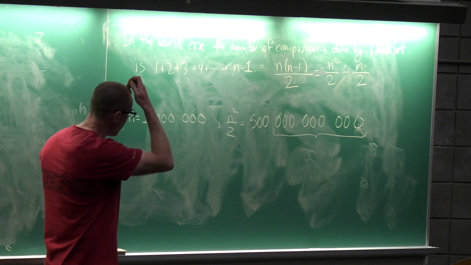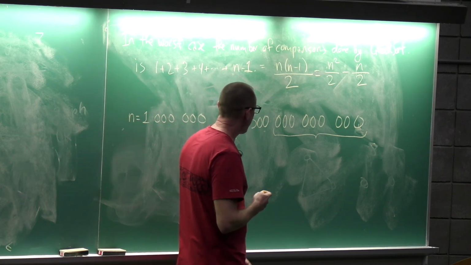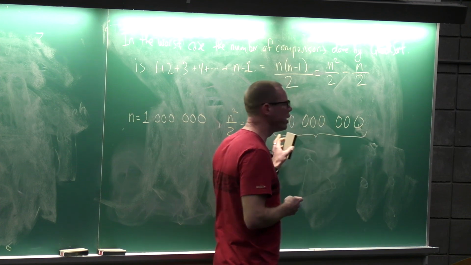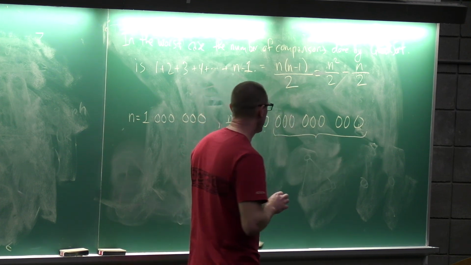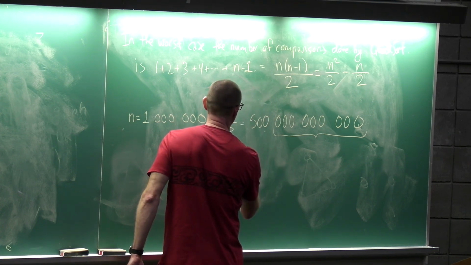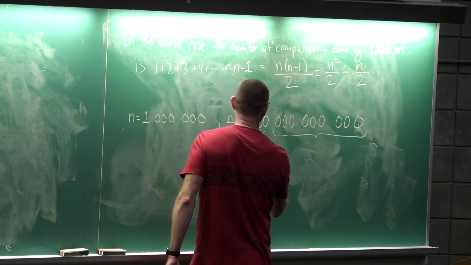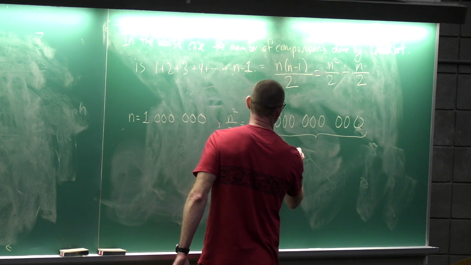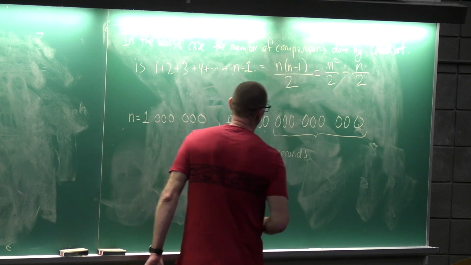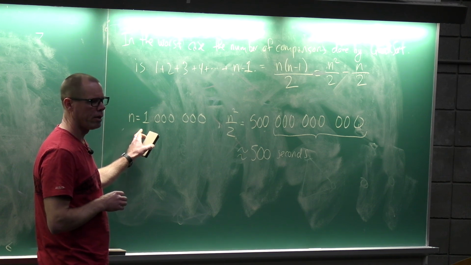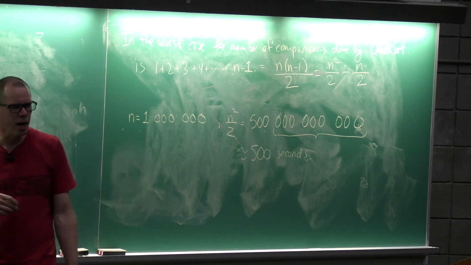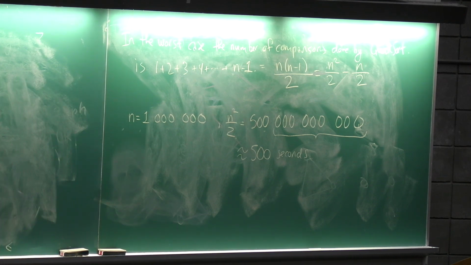So a good rule of thumb is that 1 billion instructions takes about 1 second. So, really roughly, this should take about 500 seconds. And 500 seconds is a lot of time to wait to sort 1 million elements. So in the worst case, Quicksort is not so good.